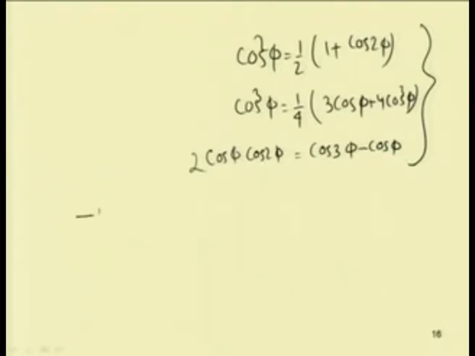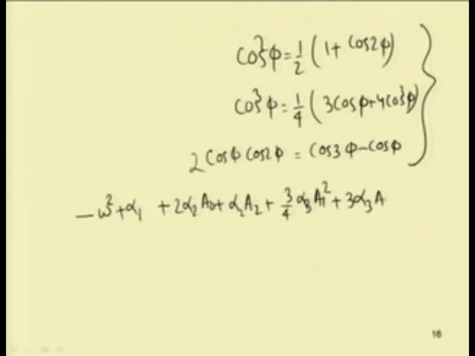So, one will be this: omega square plus alpha 1 plus 2 alpha 2 a 0 plus alpha 2 a 2 plus 3 by 4 alpha 3 a 1 square plus 3 alpha 3 a 0 a 2 plus 3 alpha 3 a 0 square plus 3 by 2 alpha 3 a 2 square. So, this would be equal to 0. So, this is one equation.